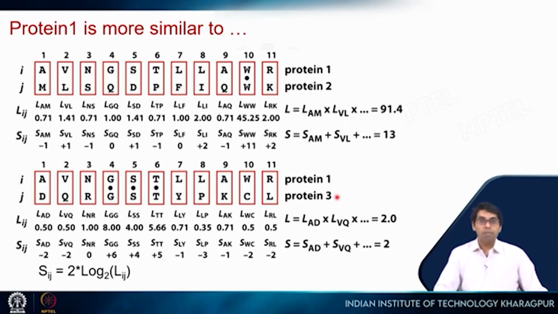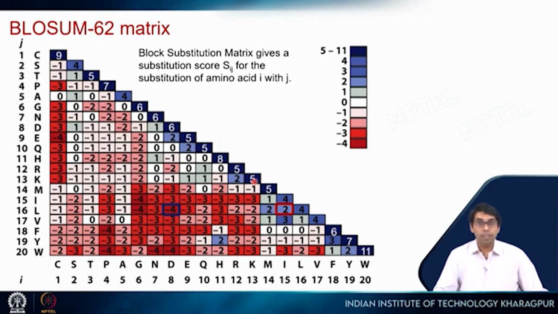So now the question comes: how do we get these numbers? How can we tell what the weightage of substituting one amino acid with another amino acid is? This type of weightage is given by a matrix called the BLOSUM matrix, block substitution matrix, right.